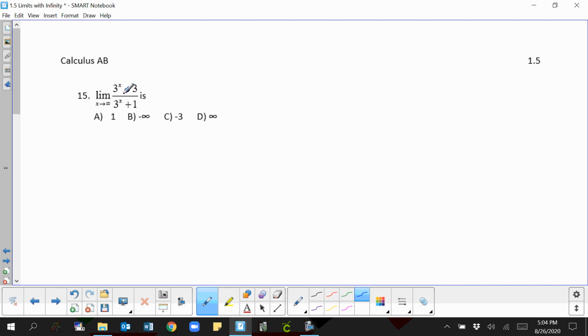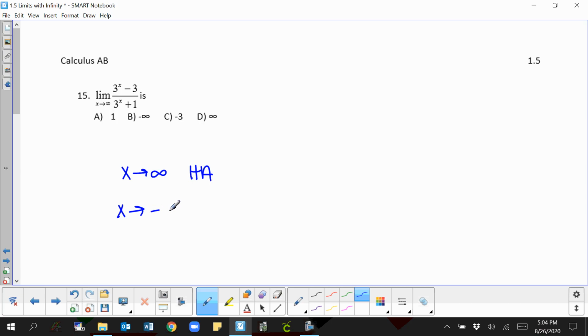All right, for 15, we're looking at the limit as x approaches infinity. So we can use our horizontal asymptote rules. Notice that we're not looking at a polynomial. We're looking at where x is in the exponent. So remember, as x goes to infinity, you're going to use your horizontal asymptote rules.